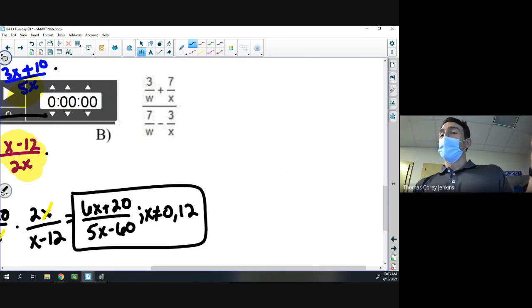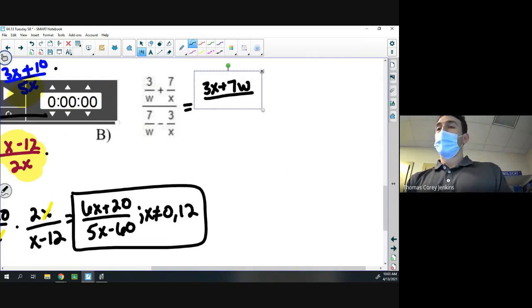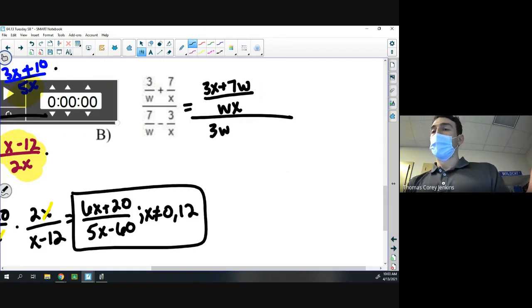So here is basically how this one would go. We want to change this to a simplified fraction up top. When I add them, I get 3x plus 7w over w times x, or just wx. And that's over 7x minus 3w over wx.